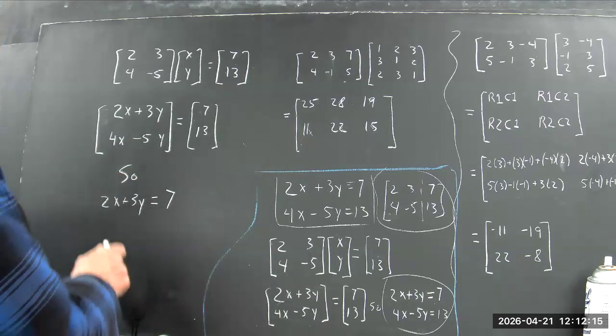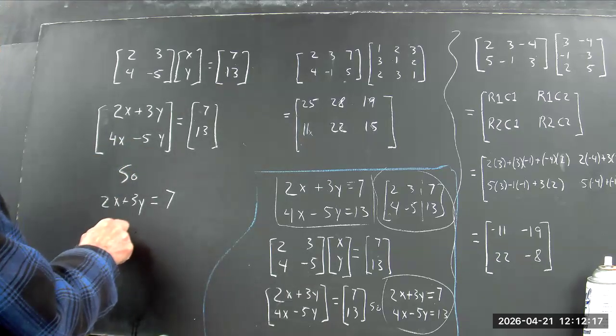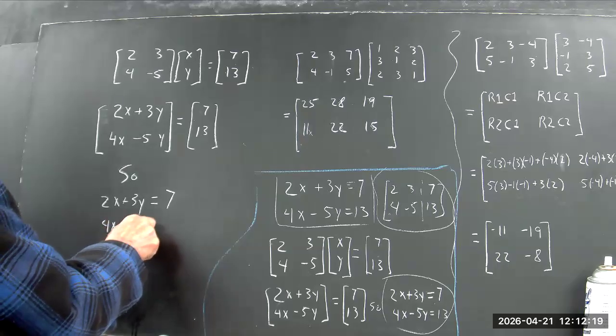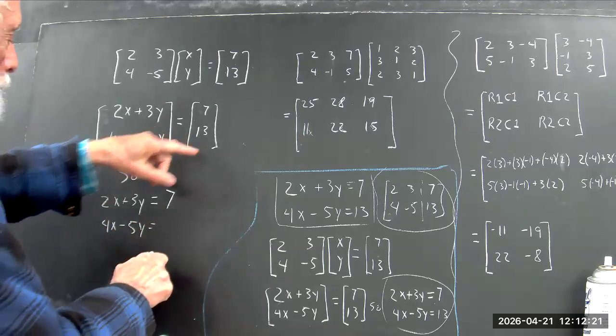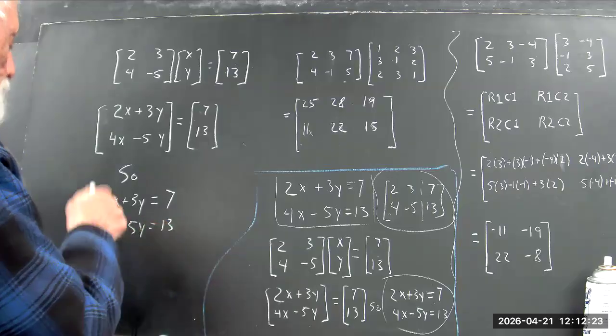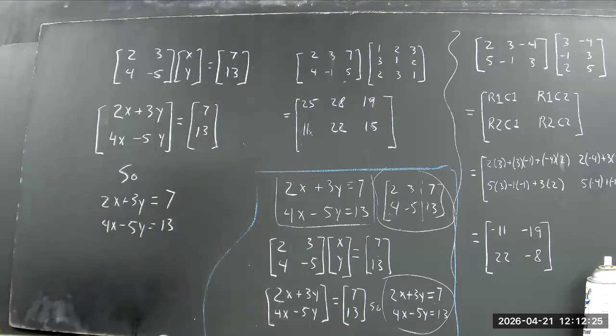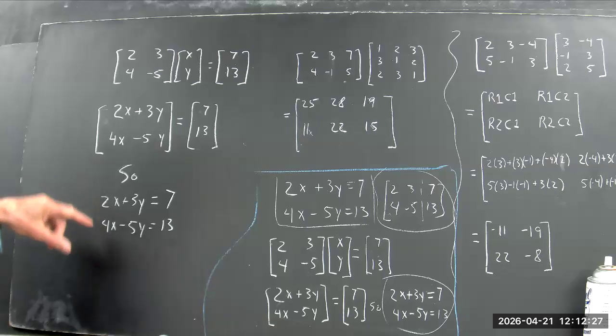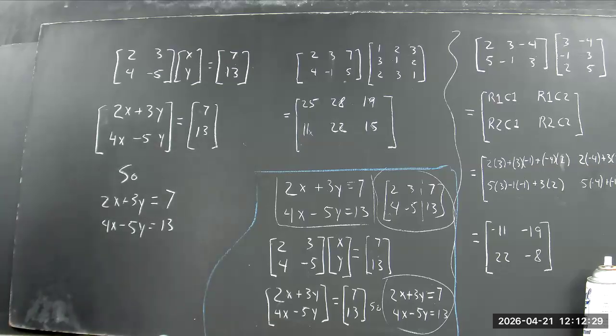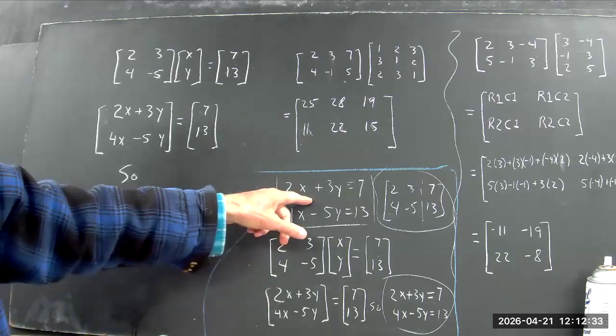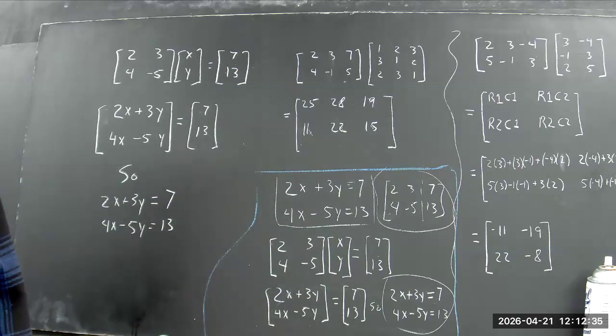And the 4x minus 5y is in the second row of the left matrix, and 13 is in the second row of the right matrix. So now we have just two equations, right? And that shouldn't be a big surprise because it's the same two equations we started with.